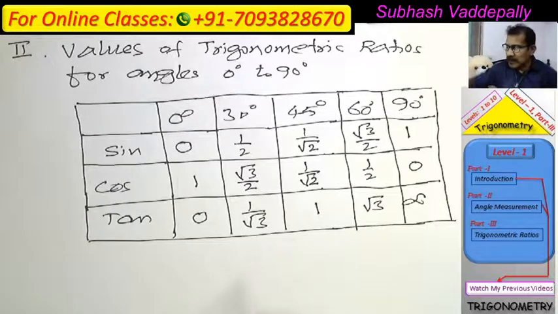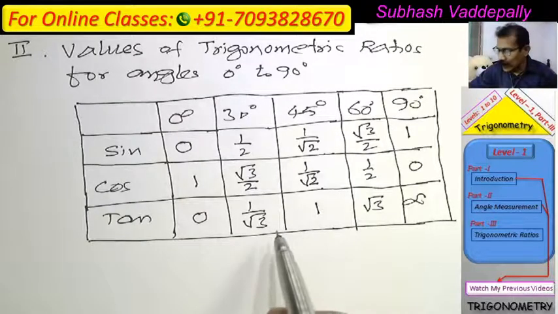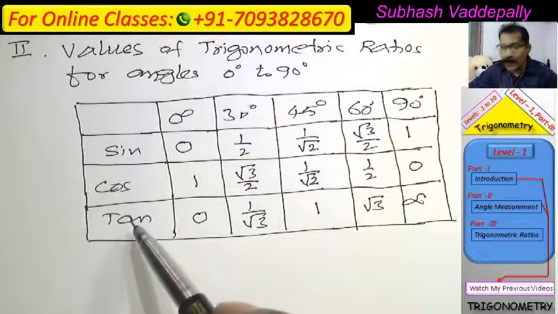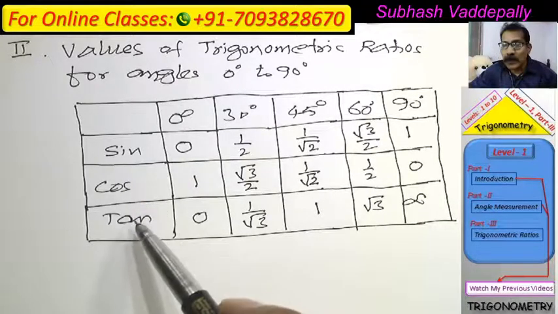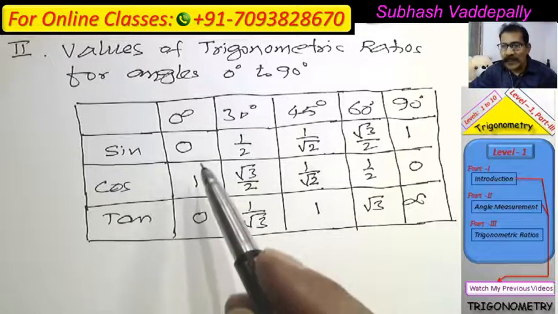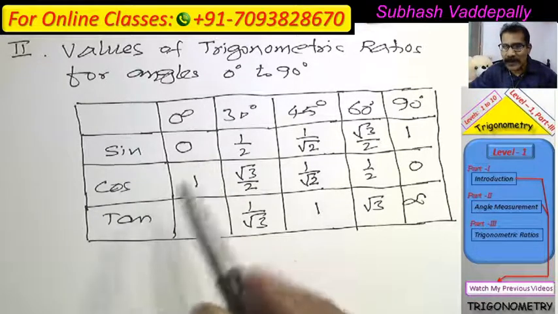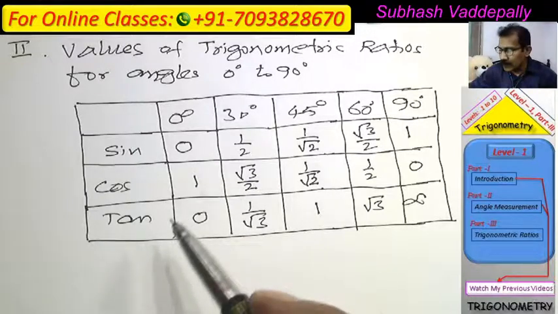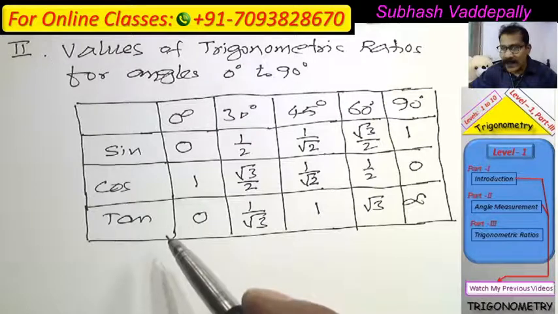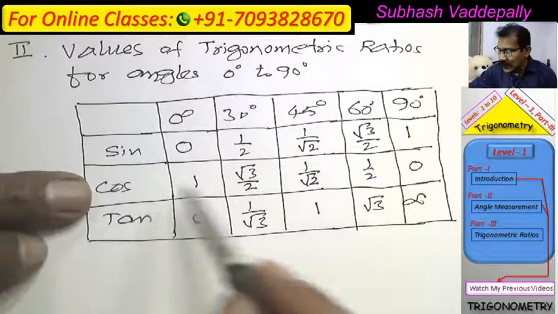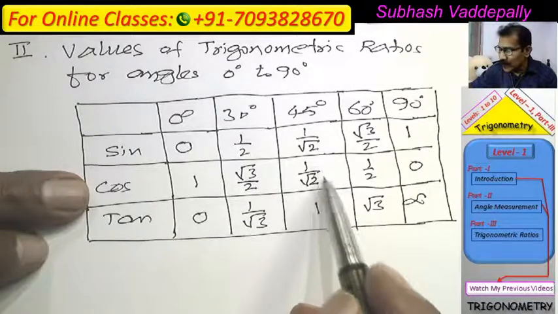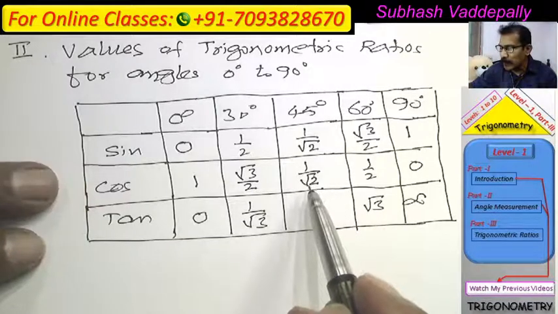So I think this table is sufficient to find all values of the 6 ratios, since sine, cos, tan are reciprocals of the other 3. Once you have these values, the remaining values you can find by taking the reciprocal. For example, I require secant 45. Since secant is the reciprocal of cos, and cos 45 is 1 by root 2, secant 45 must be the reciprocal of this, root 2 by 1, or simply root 2.